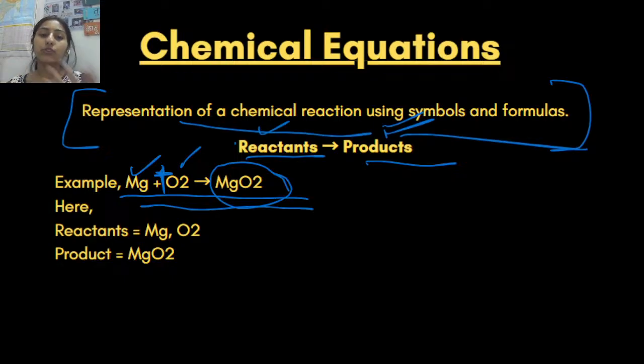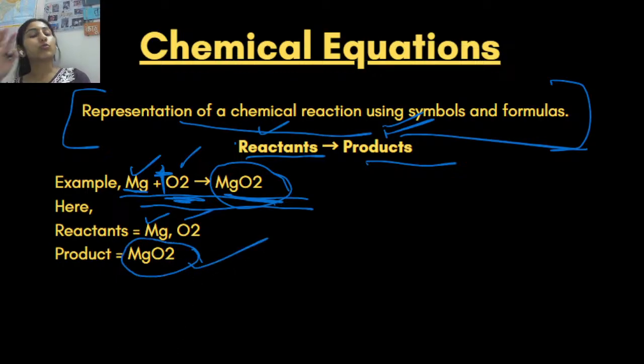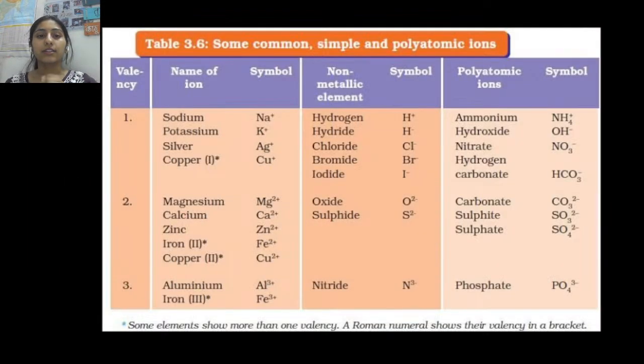Reactants react with each other to form a final product. In this particular reaction, where magnesium is reacting with oxygen and resulting in magnesium oxide, magnesium and oxygen would be regarded as the reactants, whereas magnesium oxide, the final output of this reaction, would be regarded as the product. There could be one, two or three reactants depending on the equation, and there could be one product, two products or a number of products. Okay, so this is it.